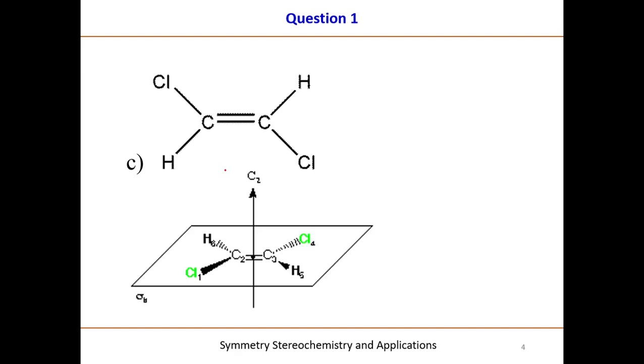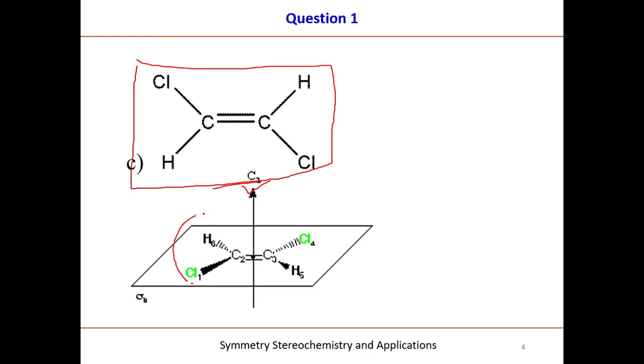You can see this is the plane. As I have shown here, this is the plane. If we pass the C2 axis here, this chlorine will come to this side, and this chlorine will come to this side.